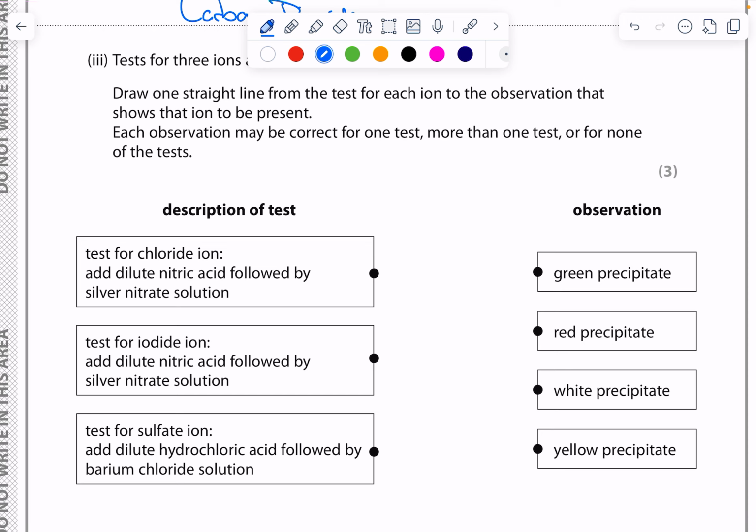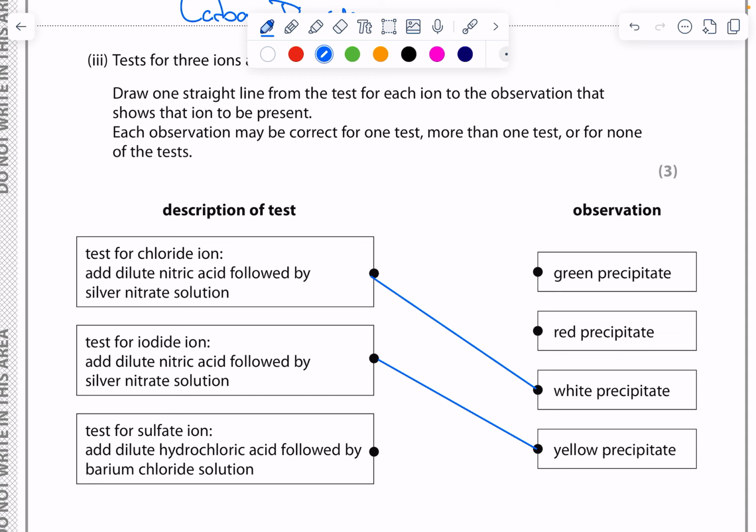So testing for chloride ions. If we have a chloride ion present, we get a white precipitate. Test for iodide ions. So again, we're doing a similar test. We've got the silver nitrate in there, and iodide ions give a yellow color. And test for sulfate ions.